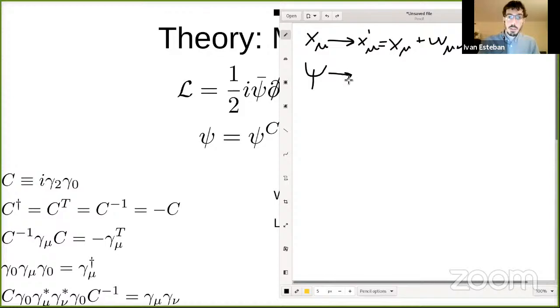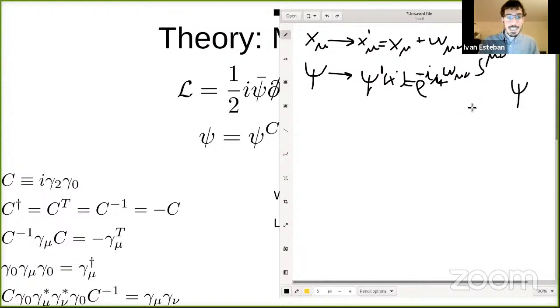So my original fermion field is transformed to my new fermion field, psi prime of x prime, that is given by the exponential of minus i over 4 omega mu nu S mu nu, acting on my original field psi.